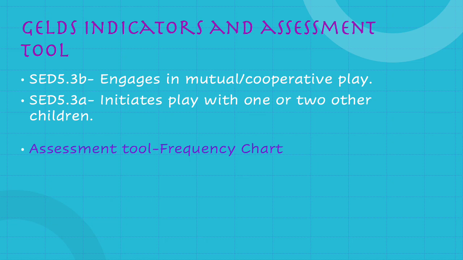Two JELDS indicators to go along with social emotional development would be SED 5.3b, engages in mutual/cooperative play, and SED 5.3a, initiates play with one or two other children. An assessment tool that I will use to assess children in this area would be a frequency chart.